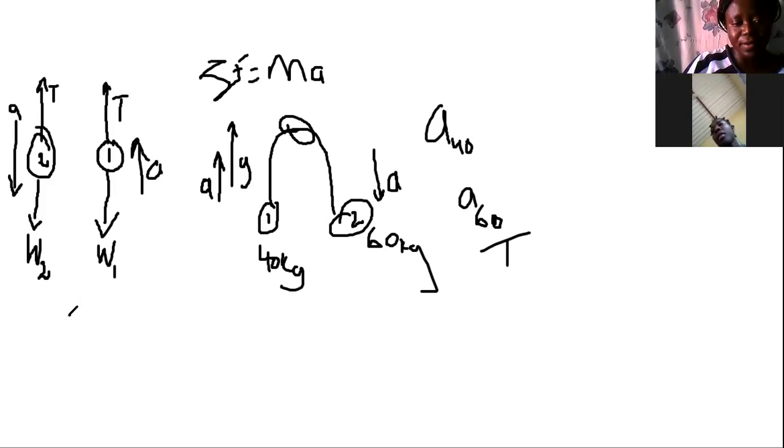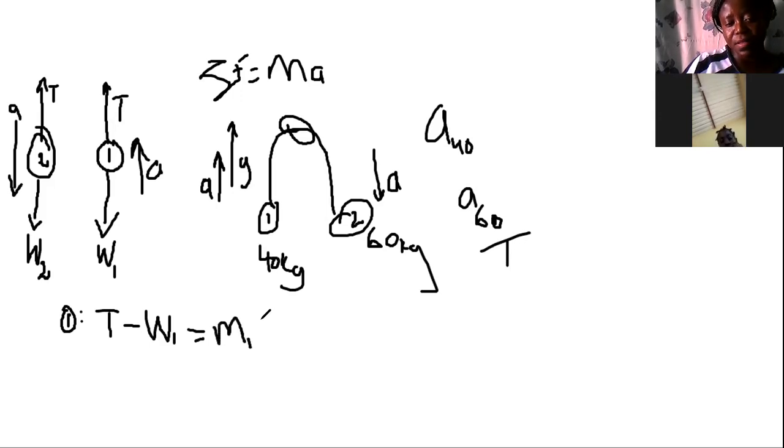For object 1, the forces acting are the tension force, pointing upwards, which is positive, minus the weight, pointing downwards toward the negative direction. This equals the mass times the acceleration.